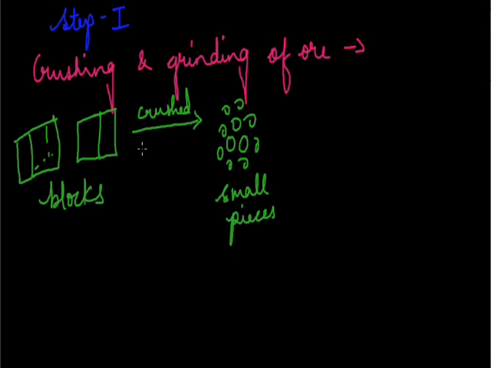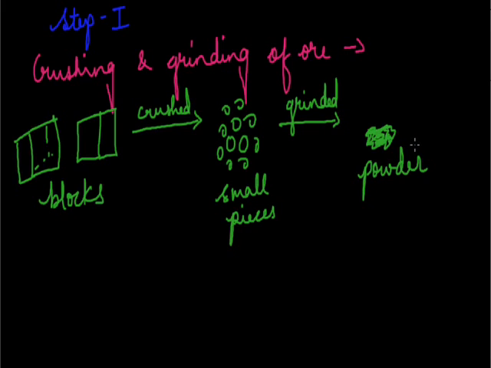After crushing the ores, they are sent to grinders, that is they are ground, and then they are made into powder. Now this powder is smooth, it has a good texture and so it can be easily used. If we see that there are some lumps left, then we sieve it.